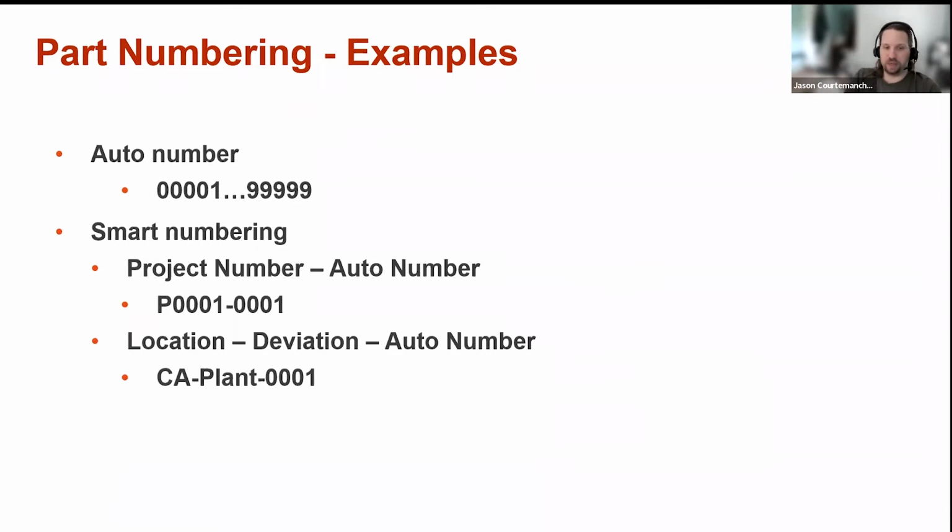And these are just 2 examples. I've seen some smart numberings that have 20 dashes, everything from locations, plants, sub-assemblies, sub-components. You can make it as complicated or as simple as you want.